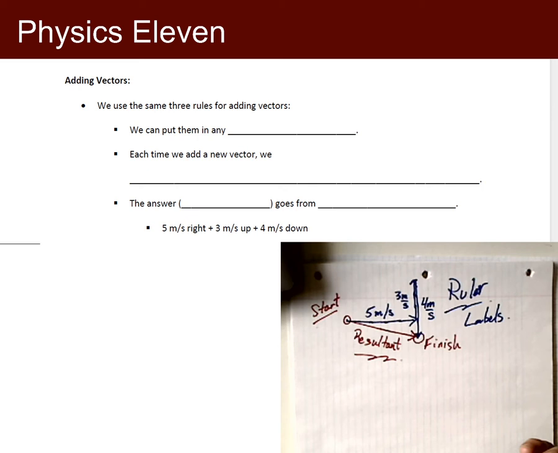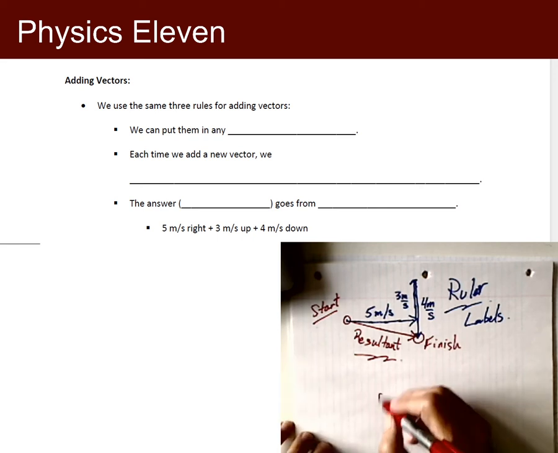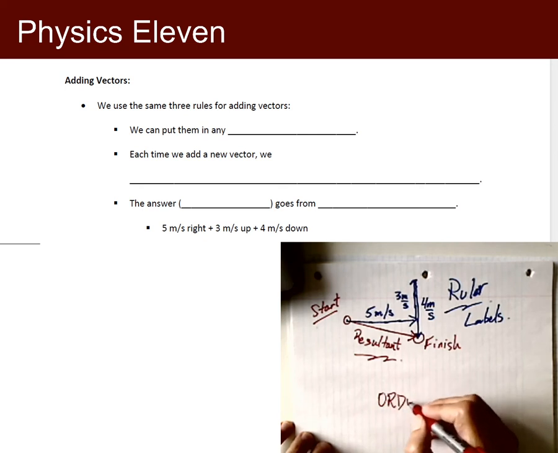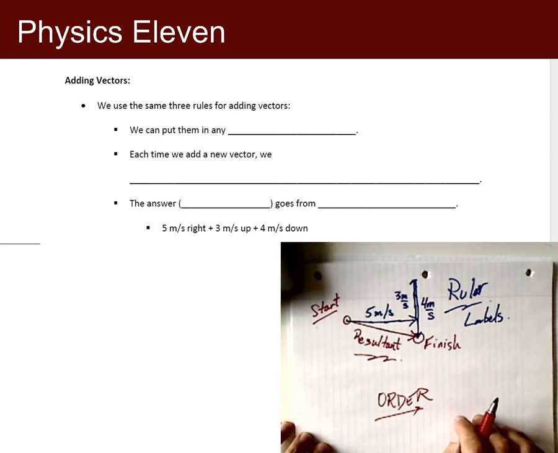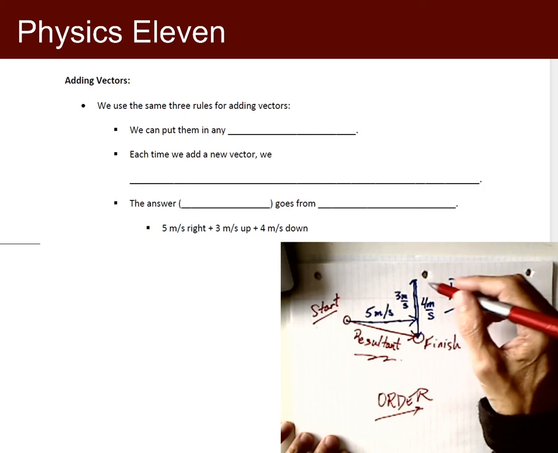Now what we can do is we can clean it up a little bit. Because we can change the order around, we might be able to create a nicer picture where we don't have all of this going on.